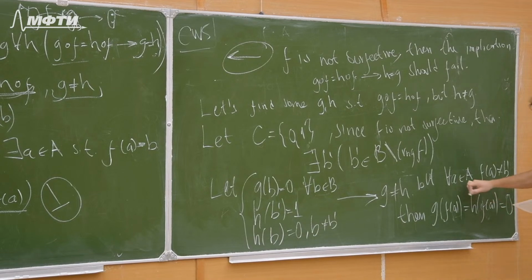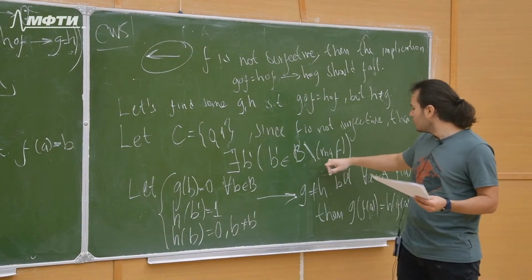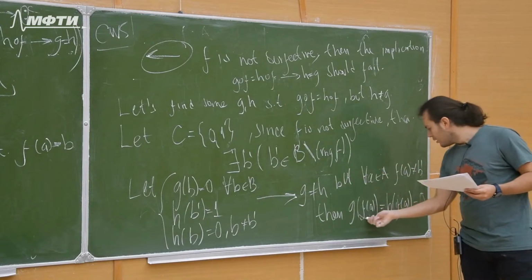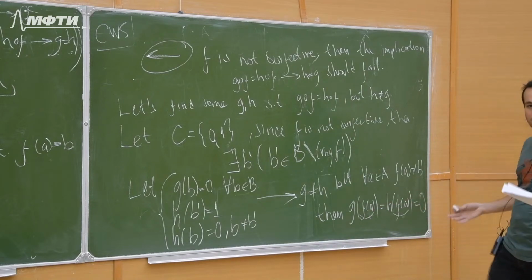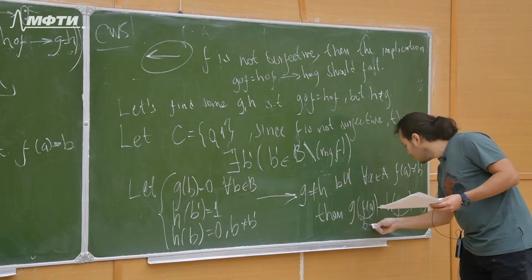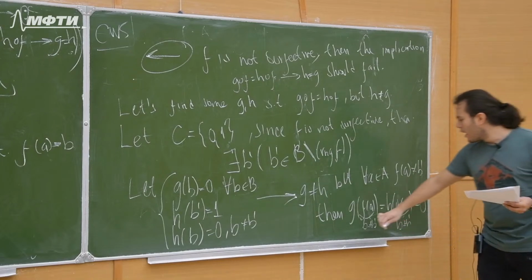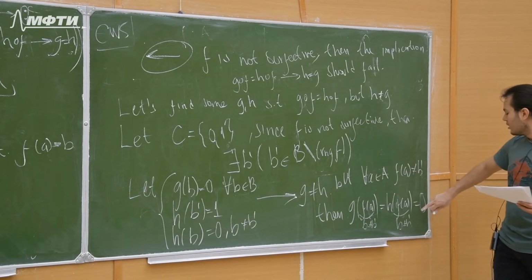For every element of A, we have that f of a is not equal to b prime, because b prime doesn't belong to the range of f. So f of a is just some b different from b prime, and for b different from b prime, g and h are equal to 0.